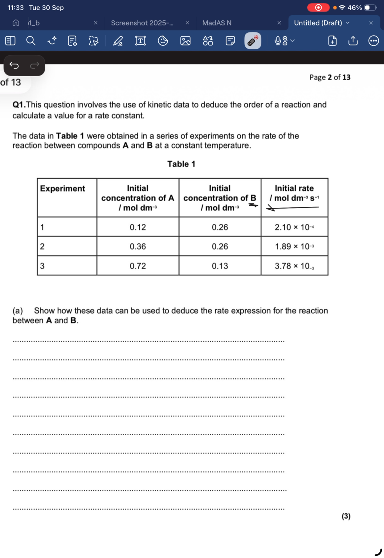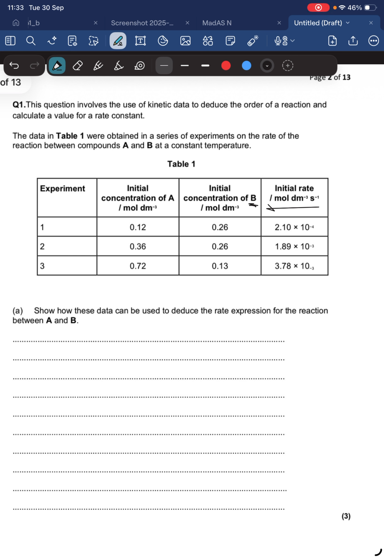So first, let's look from experiment 1 to 2. I always like to put experiment 1 to 2 just to show which order I can deduce. With A, it's times by 3.